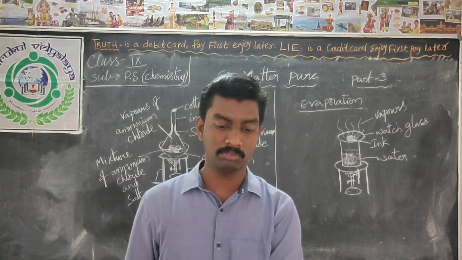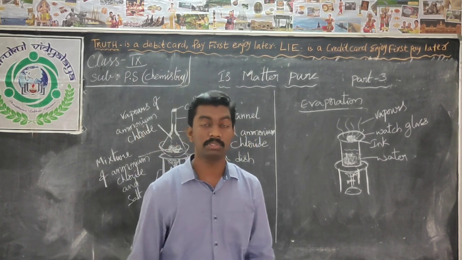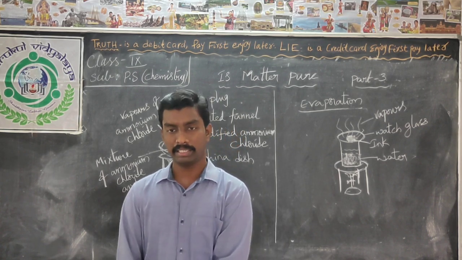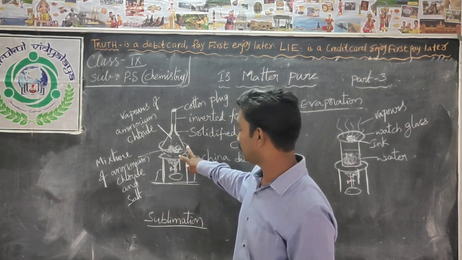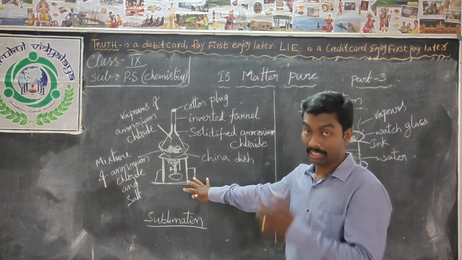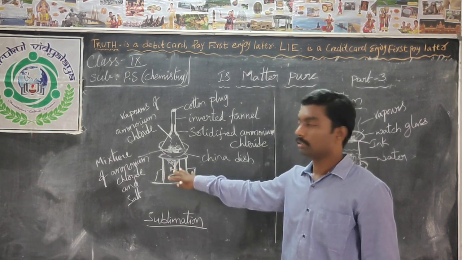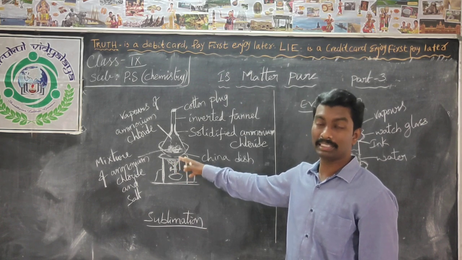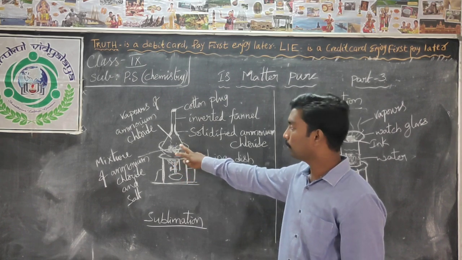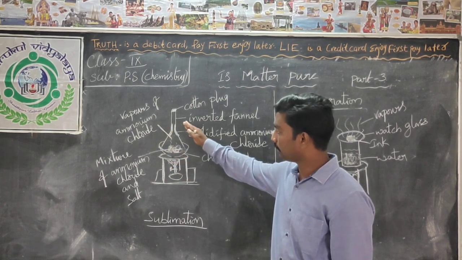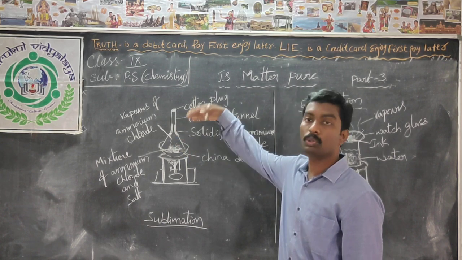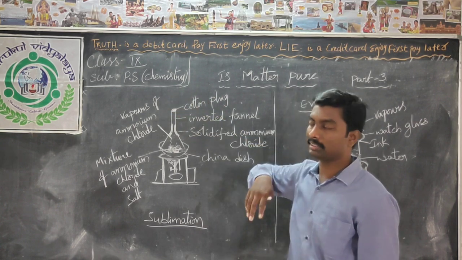Okay children, in this video we have observed two techniques for separating the components of a substance. Again, just listen. One is the sublimation process. In this apparatus, whenever we heat the China dish containing the mixture of ammonium chloride and NaCl, the ammonium chloride will evaporate and touch the inner side walls of the funnel, and the vapors will not go outside as we place a cotton plug there.